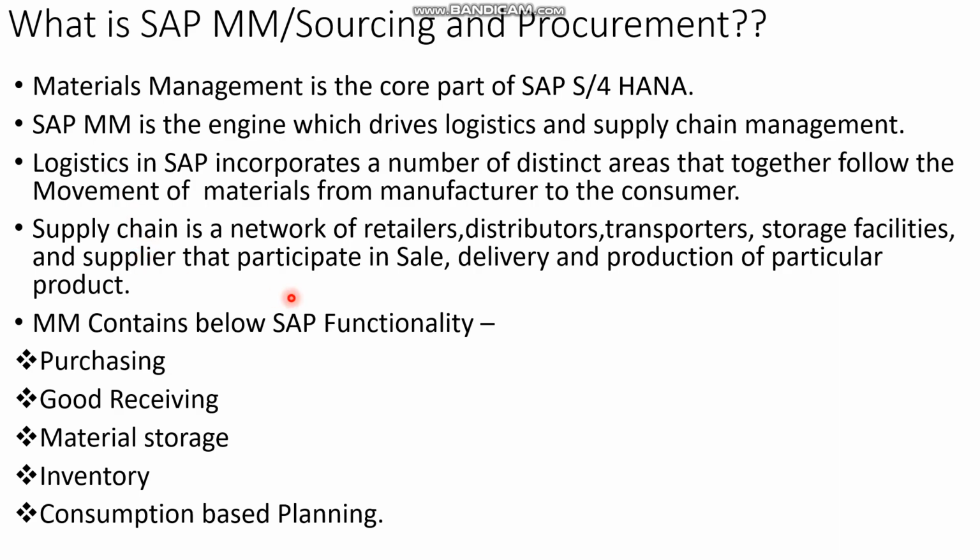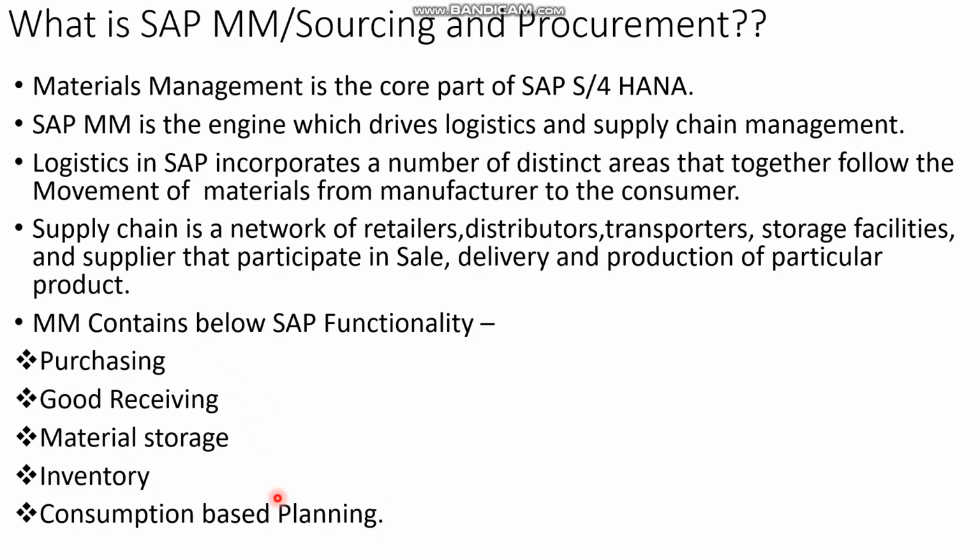Supply chain is a network of different stakeholders contributing to the process of sale, delivery, and production. To make this process happen easily, MM is the main source of logistics and supply chain, with the functionality of purchasing, goods receiving, material storage, inventory, and consumption based planning.